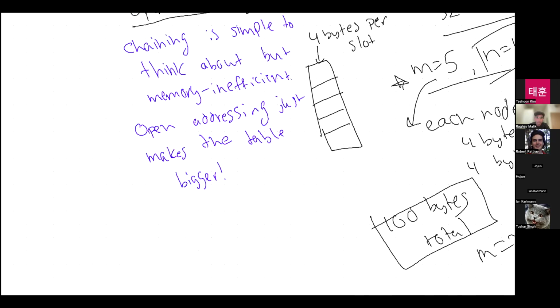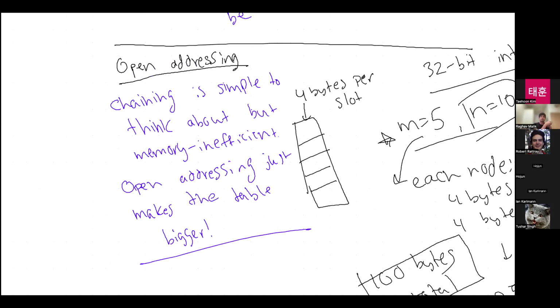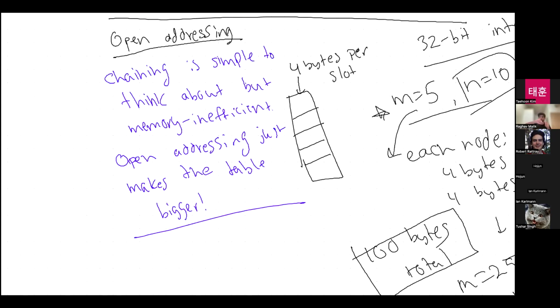Of course, making the table bigger doesn't mean that we're not going to have collisions, because I still might have more keys hashed to the same spot, right? But the idea of open addressing is when there's a collision in a particular hash slot, we just put the key in a different slot instead, right?